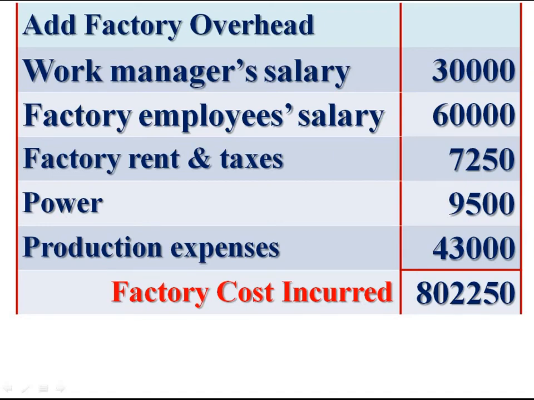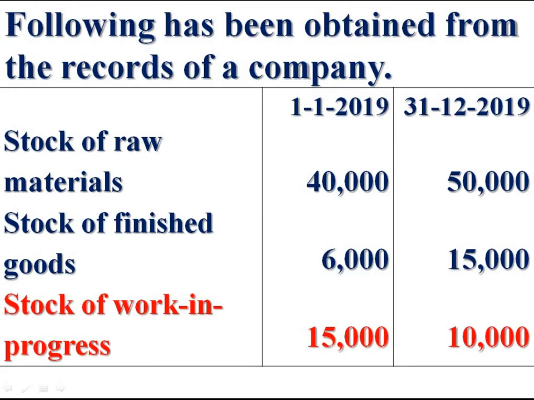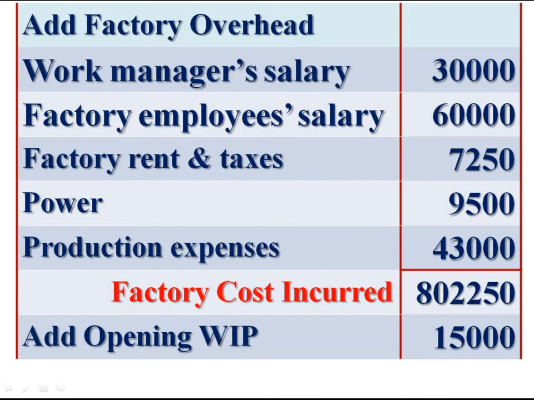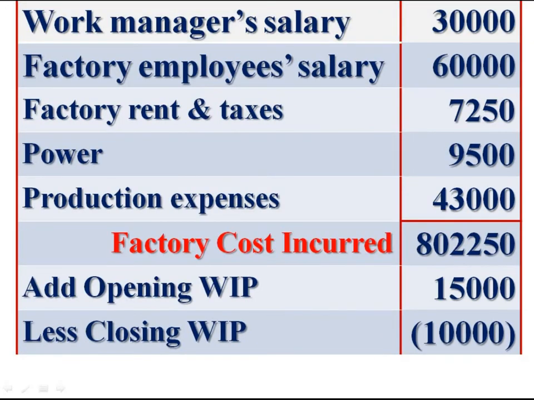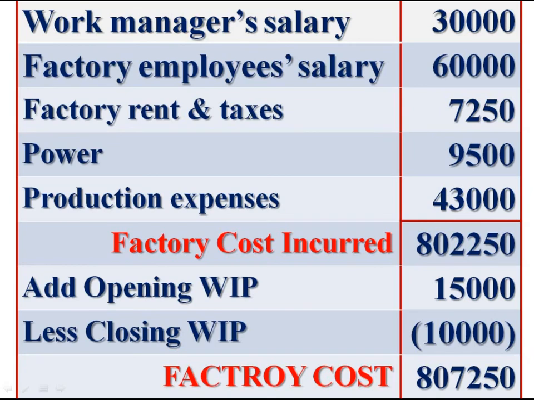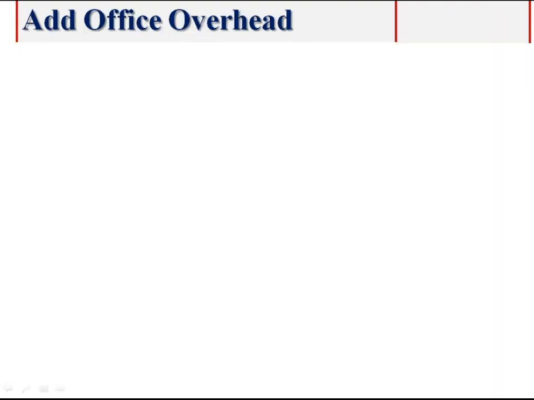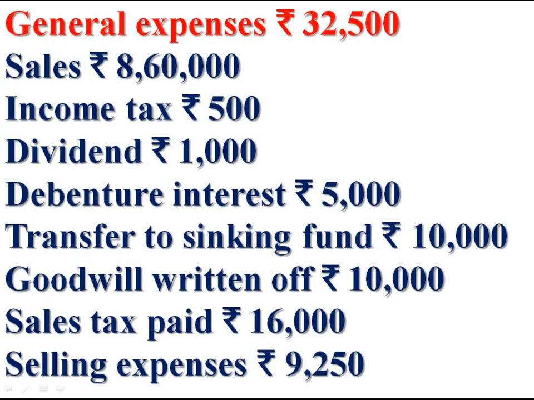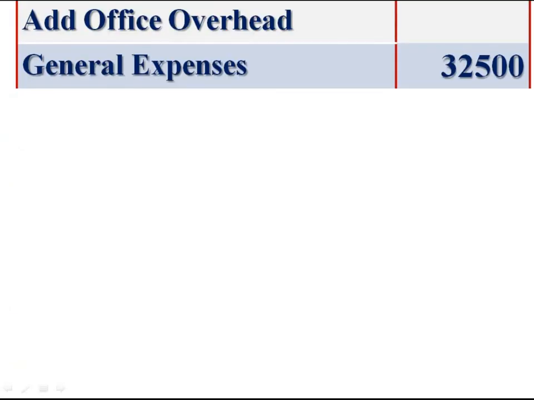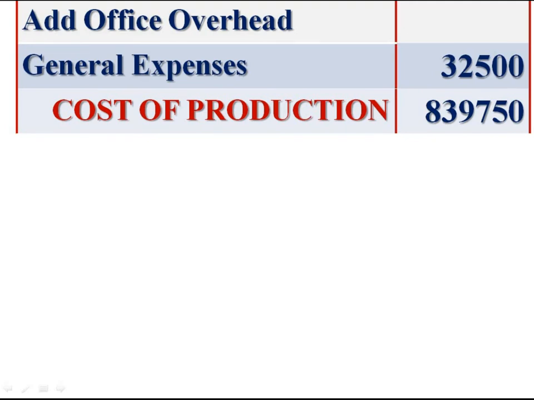8,02,250. Add open stock of work in progress less closing stock of work in progress. We get 8,07,250. It is the factory cost or work cost or manufacturing cost. Add office and administration overhead. We are given general expenses. Now we get cost of production 8,39,750.